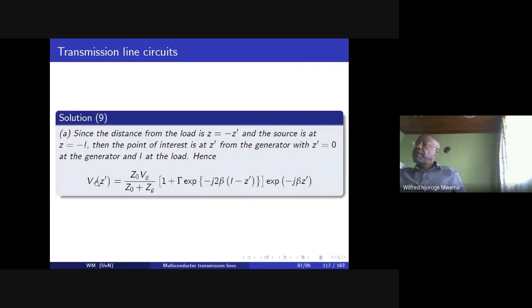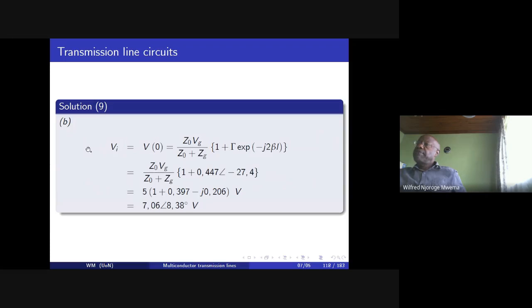Therefore, when we place those values of z′ into the equations for the line voltage, we get that kind of expression there. And b, Vi is therefore going to be given by V0, which is Z0 Vg over Z0 plus Zg, multiplied by an equation there.